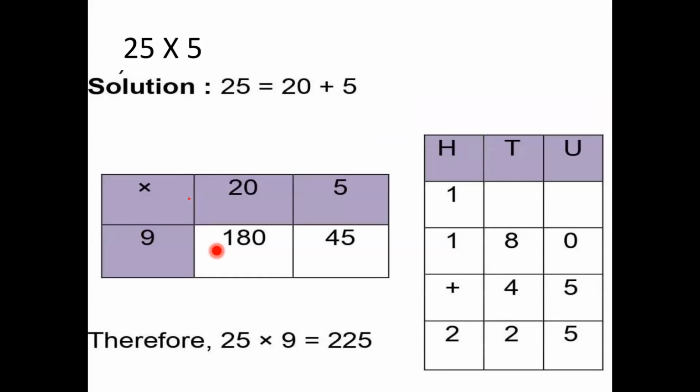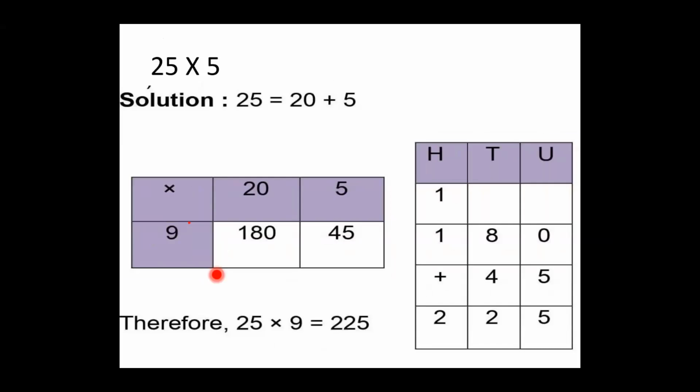Here is our next example. 25 multiplied by 9. Now you will see 25. Yes, 25 is a 2-digit number. So we are going to write the expanded form.